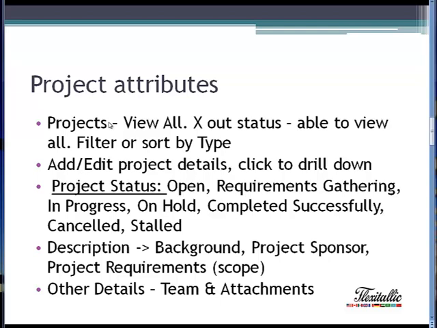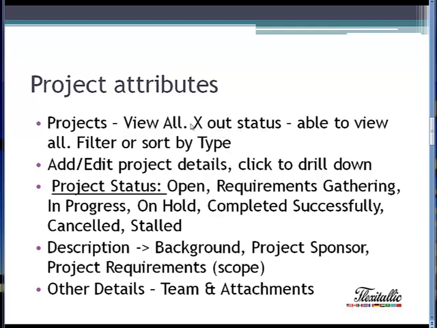The last thing about projects, we will talk a little bit about how you traverse and view your various projects. Obviously we've shown you the view all option, but in particular there's a little trick here as far as the status button.